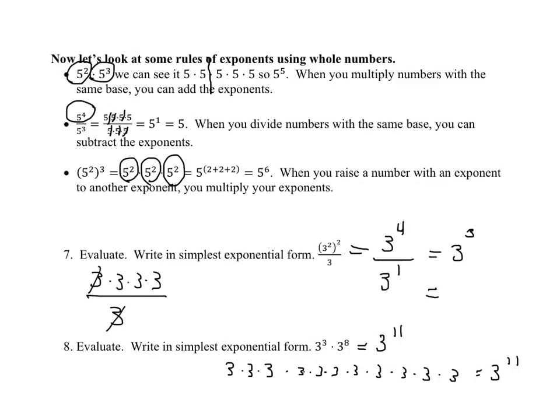Now in my math lab, if you type in 3 to the third, they might say, although this answer is equivalent, we would like you to evaluate it. In that case, they want you to multiply all the 3s out. So it's helpful to write down what it means. 3 times 3 is 9, times 3 is 27.